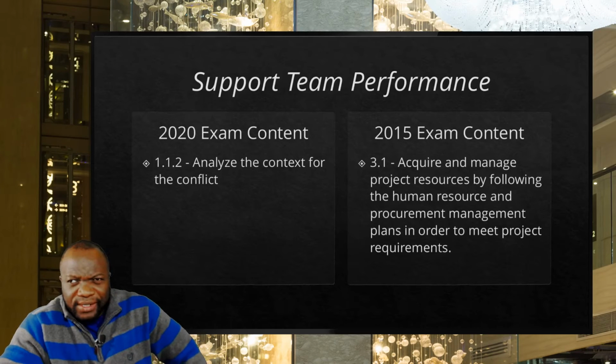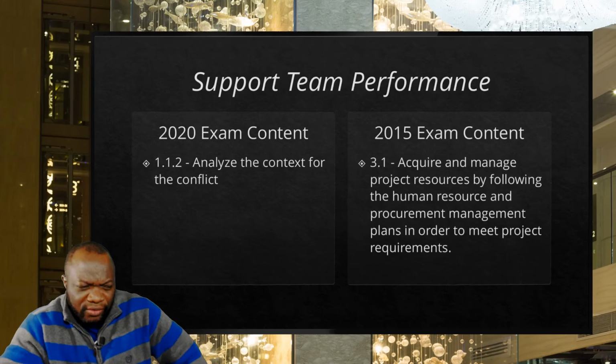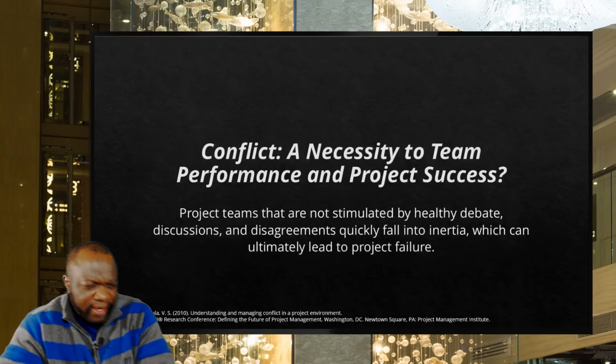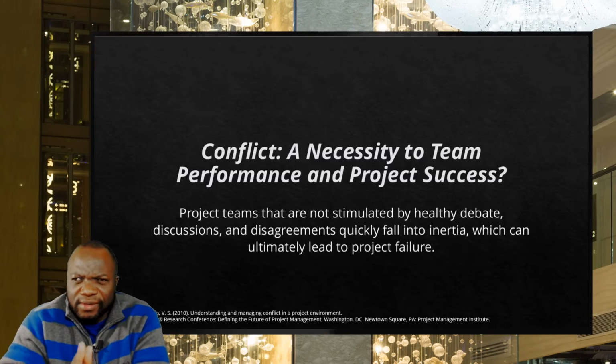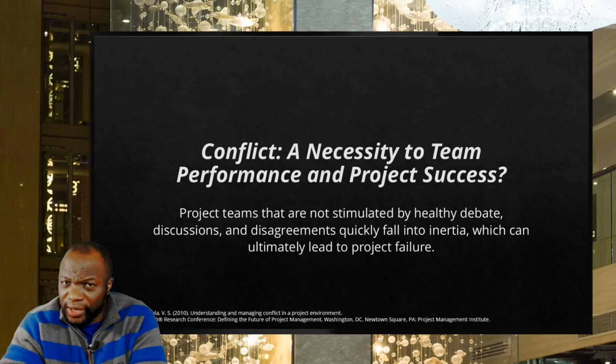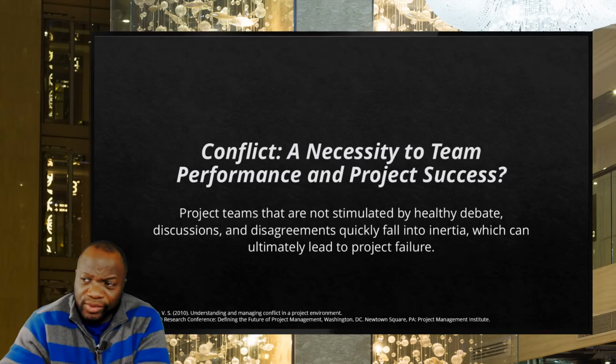The next enabler is analyze the context for the conflict. You need to analyze in what context this conflict is occurring. And when we talk about that, it's important to understand that conflict could be a necessary ingredient for teams to develop. There's nothing wrong in conflict when it's managed properly and resolved.